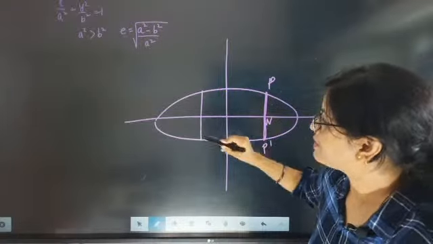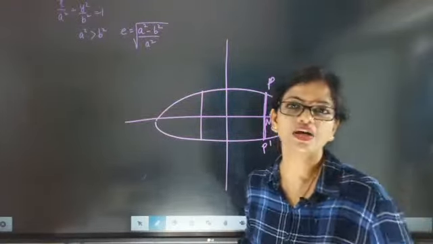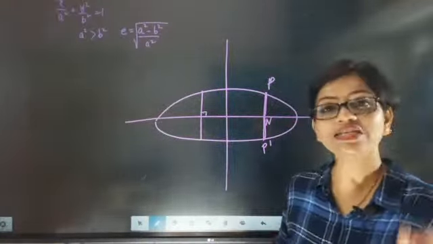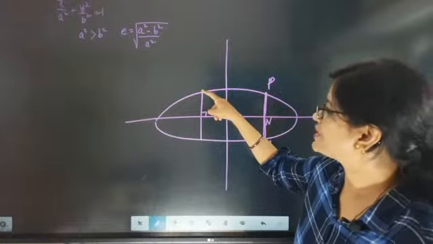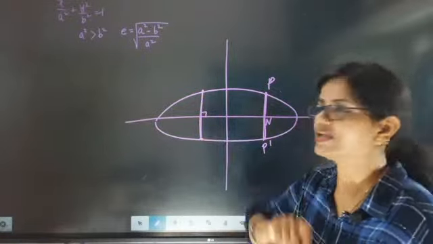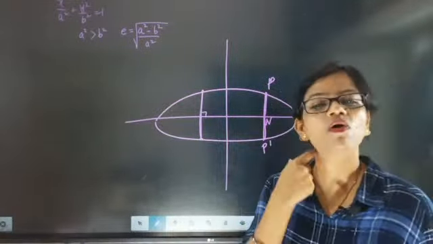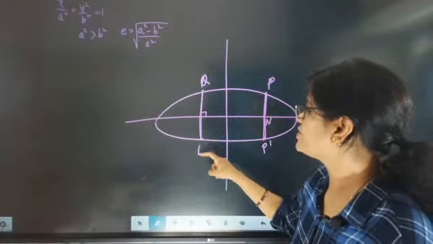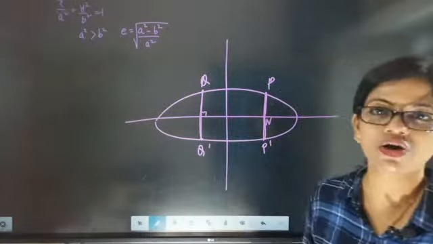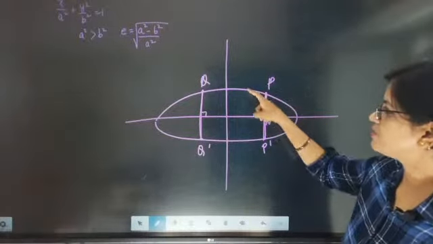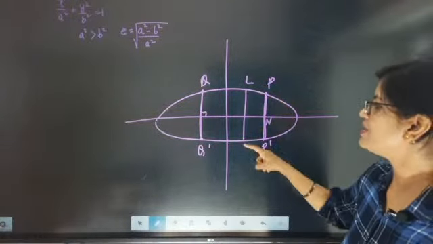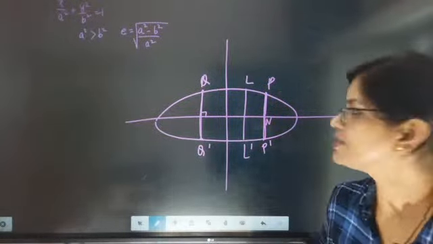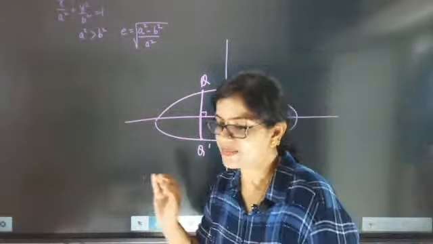Whatever line perpendicular to the axis we draw, touching from one part of the ellipse to the other, will always be called a double ordinate. So I can take Q and Q dash, Q dash is a double ordinate here, P dash is a double ordinate, and L dash is also called a double ordinate.